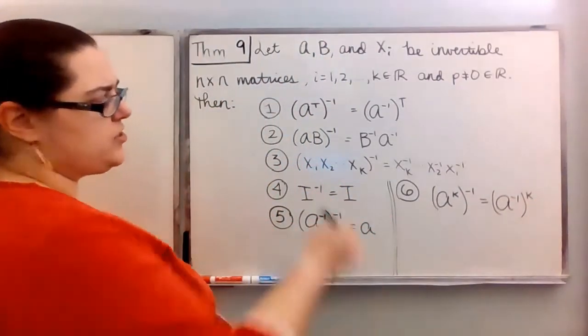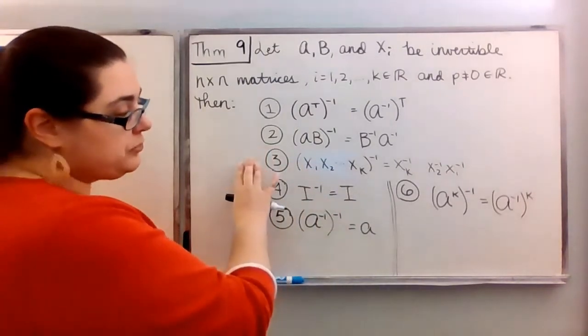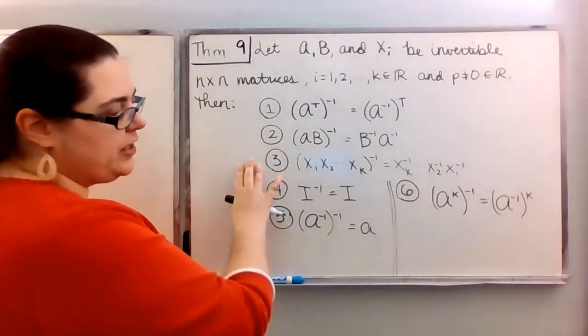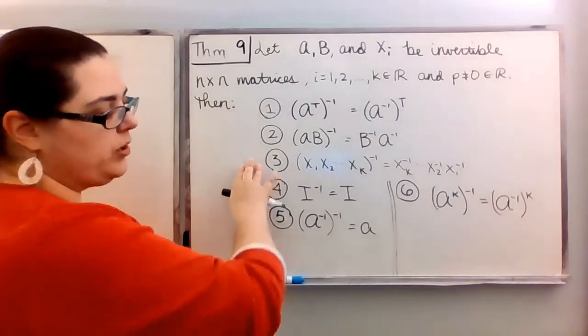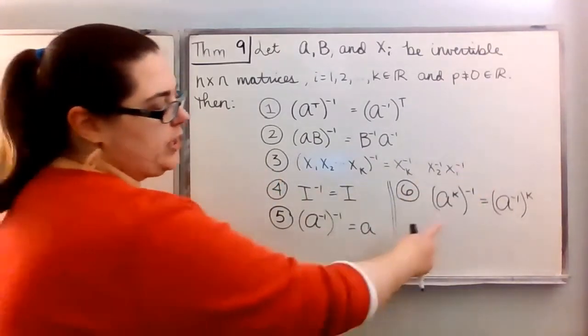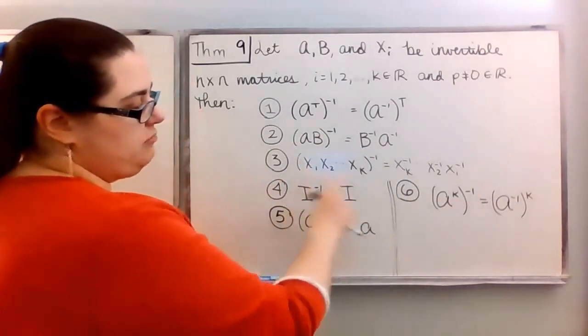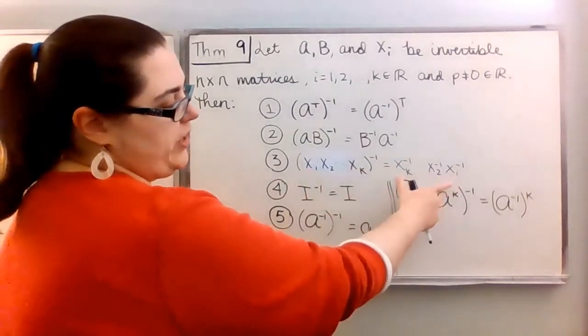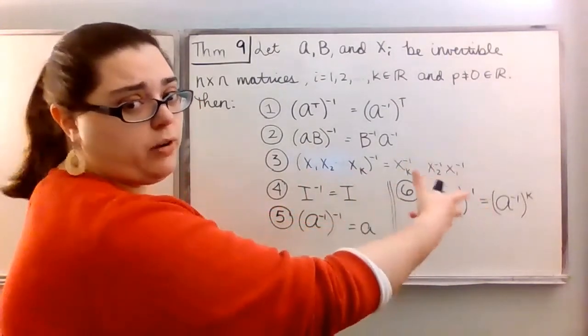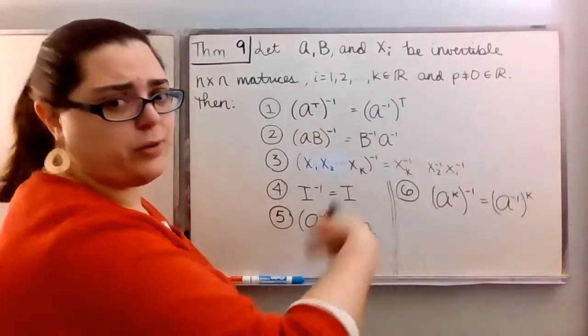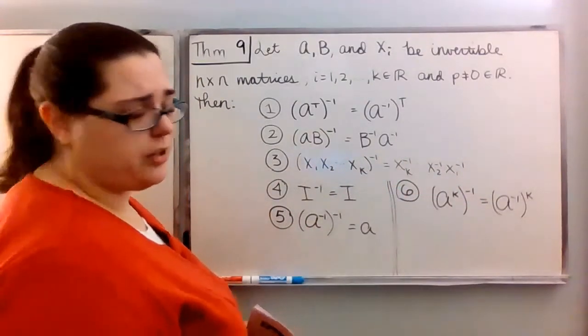This is really just applying property 3, because if I have 5 copies of A, so A to the 5th, then it's the same as taking the inverse of A 5 times, just reversing the order. But since they're all A inverse, when I reverse the order, it doesn't change anything.